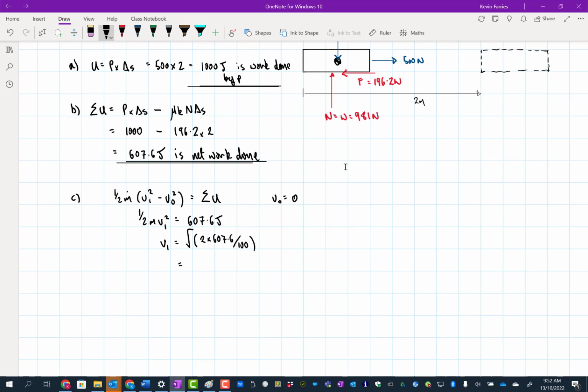So it's the square root of 2 times 607.6 divided by 100, which is equal to 3.49 meters per second. So the velocity at 2 meters is equal to 3.49 meters per second.